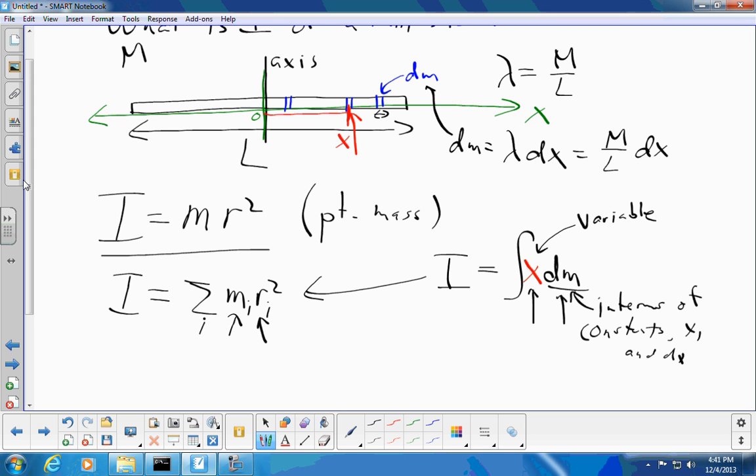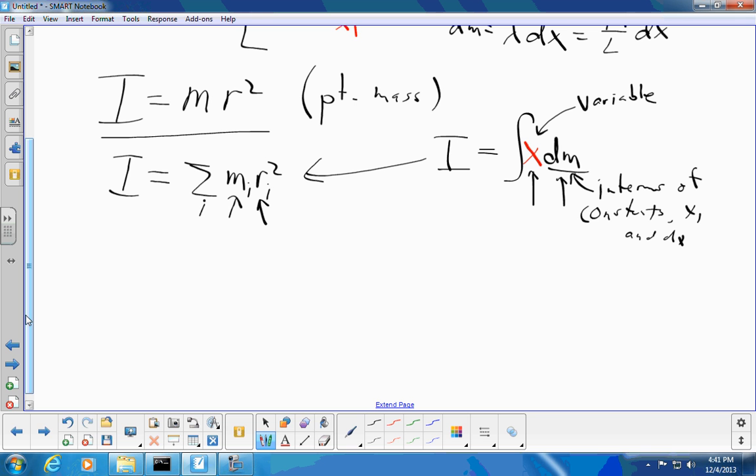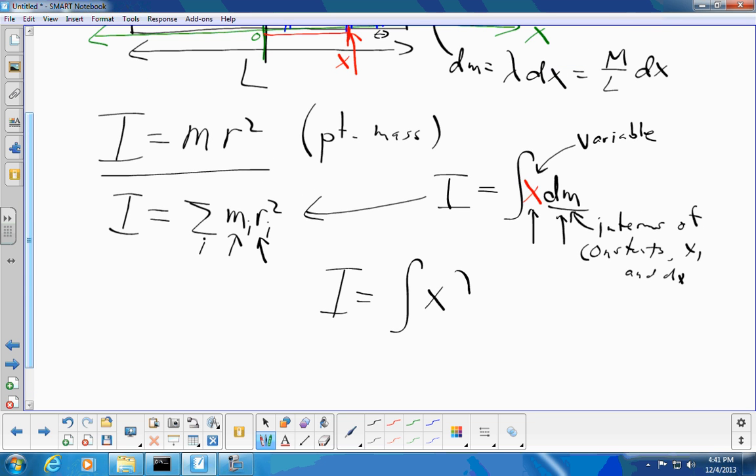Okay, does that allow me to do this problem? And the answer is yes, because now I can write this as moment of inertia equals integral of x times dm, but dm, as we just saw, is lambda dx. I have satisfied this requirement. I now have expressed dm in terms of constants, lambda, x, I didn't even use x, and dx. So that makes me happy. Now I can perform this integral.